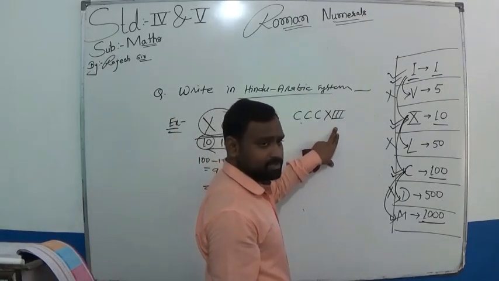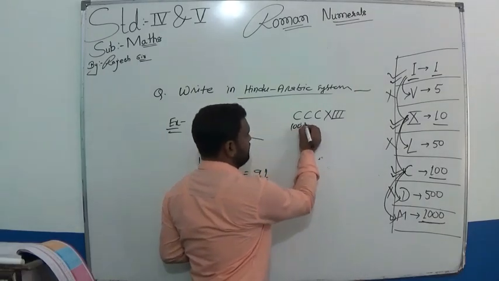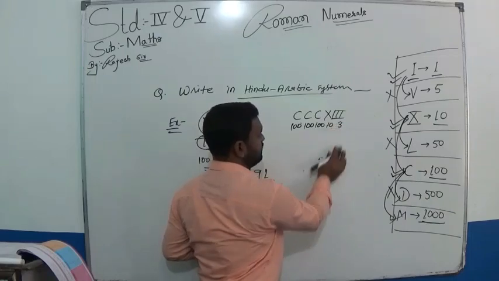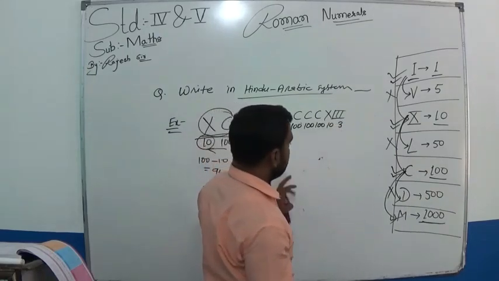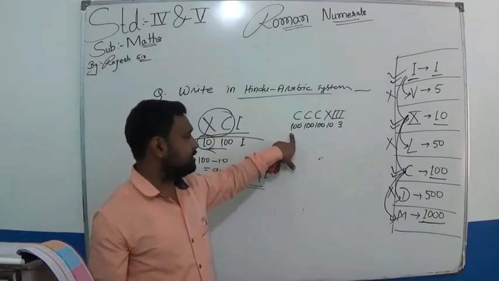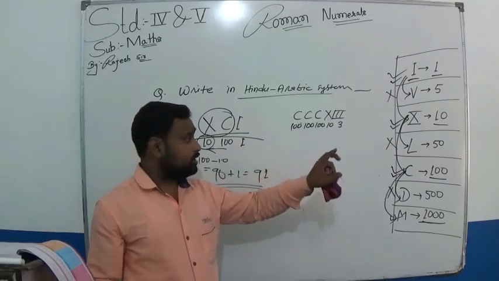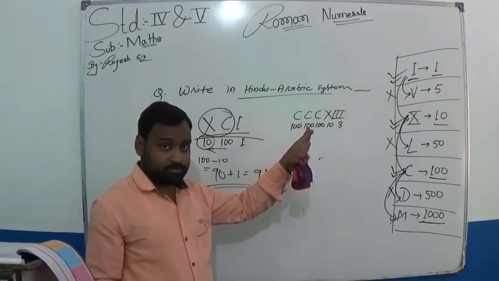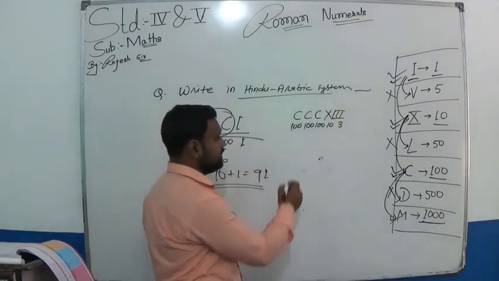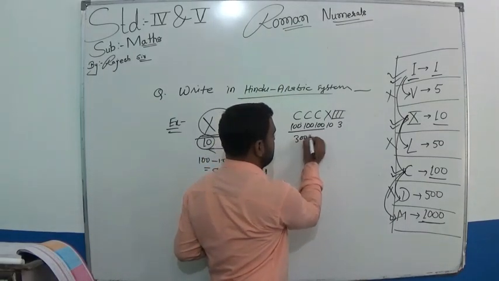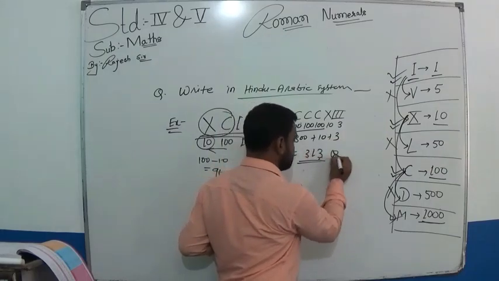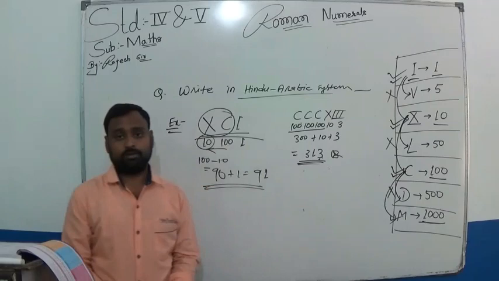There are no complexities, because there is no smaller number written to the left. It's addition only: 100 plus 10 plus 3. So the answer will be 113.